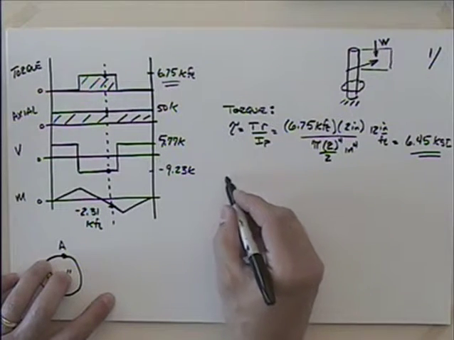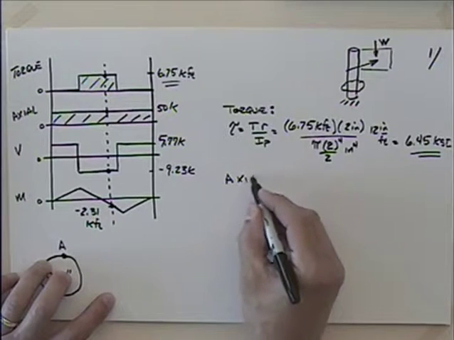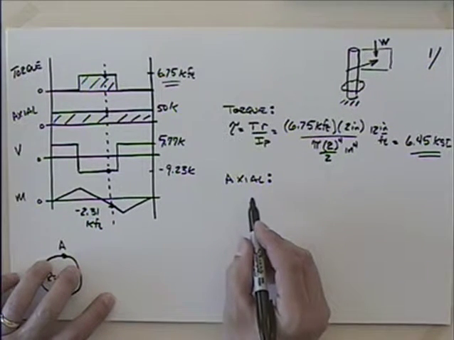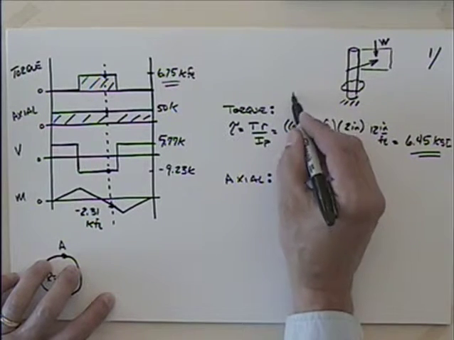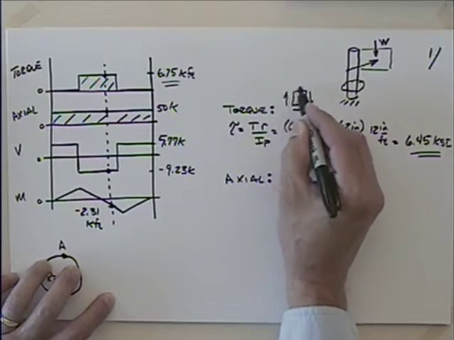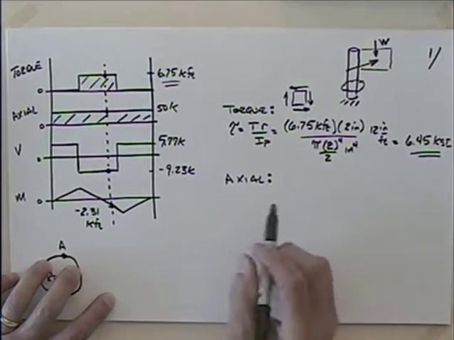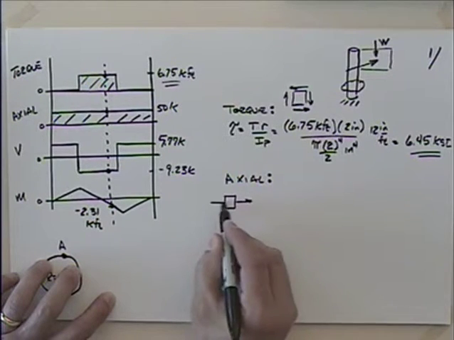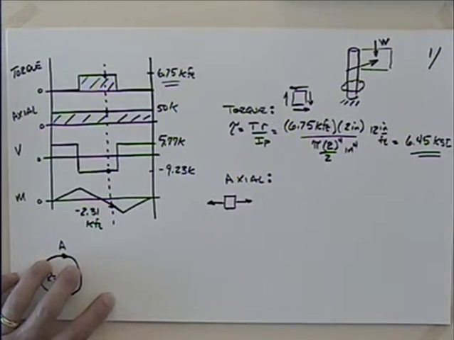Now if we look at the axial, and if we were to put this on an element, we'd probably have something that looks like this, right? That's what that torque would look like. If we were to put axial on an element, we'd have something that probably looks like that. That would be the axial.